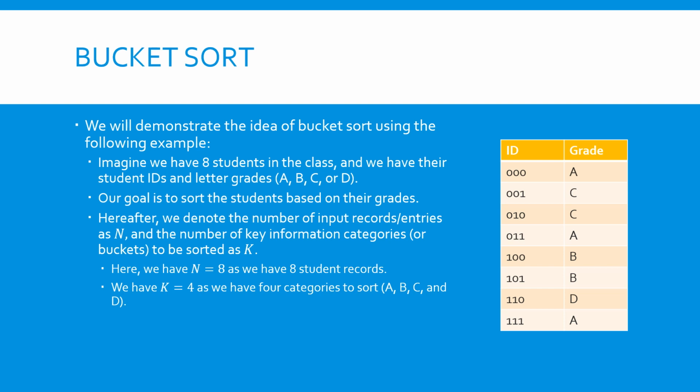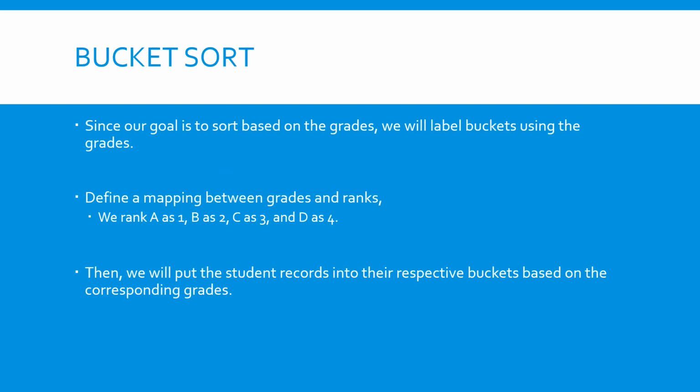So here we have k equals 4. According to the sorting task, we will define the buckets using the grades, and we define the mapping between the grades and their ranks. Suppose we wish to sort the higher grades ahead of the lower grades. We can map the grade A with rank 1, B with rank 2, and so on.